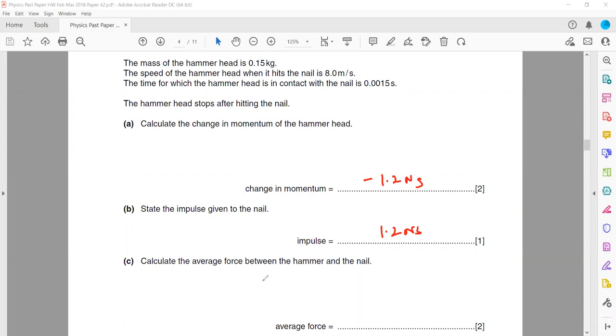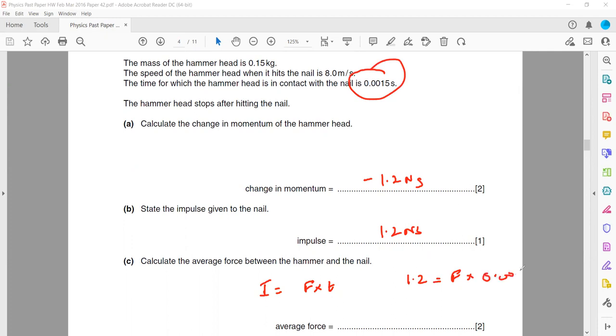Then calculate the average force between the hammer and the nail. So we have the impulse. Impulse equals force multiplied by time. The impulse is given as 1.2. Force we don't know. And the time for which they are in contact is 0.0015.